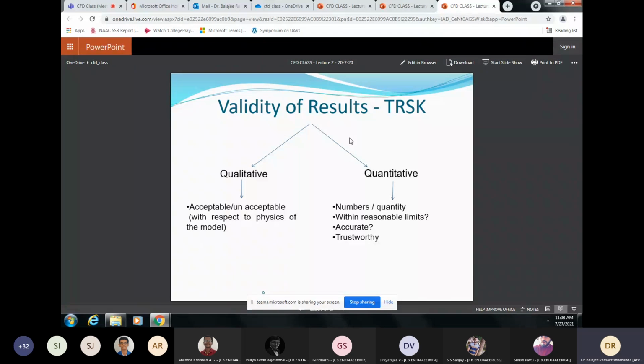So we can say whether the numbers you're getting are within reasonable limits, or the numbers are looking funny somewhere, or you can compare with earlier models, earlier results, which are trustworthy. You can compare with analytical results for which you have exact solutions. After all, you are solving a PDE approximately.